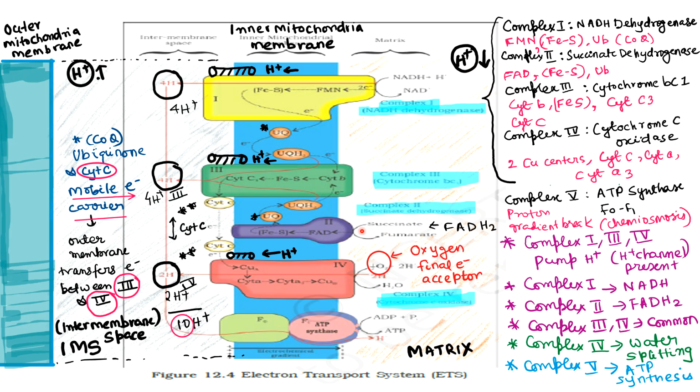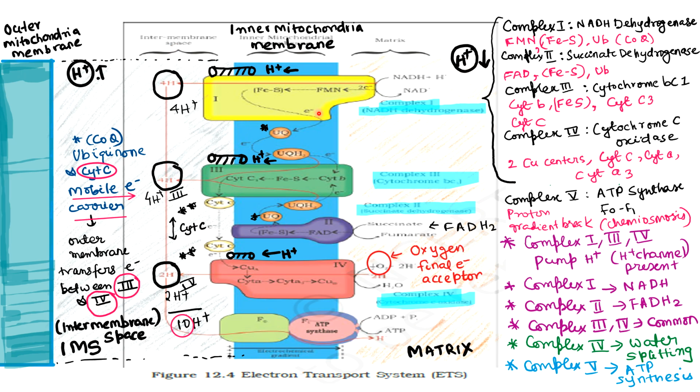FADH2 gives its electrons to complex 2, and they pass through complex 3 and complex 4. So complex 3 and 4 are common to both FADH2 and NADH, and they receive electrons from both of them.